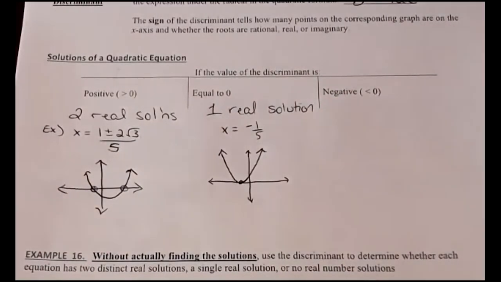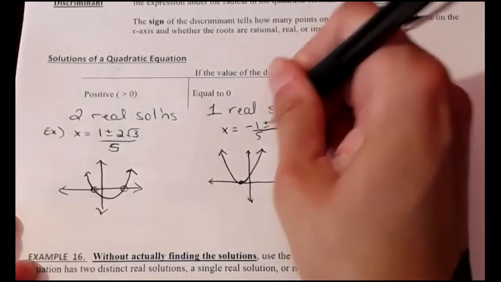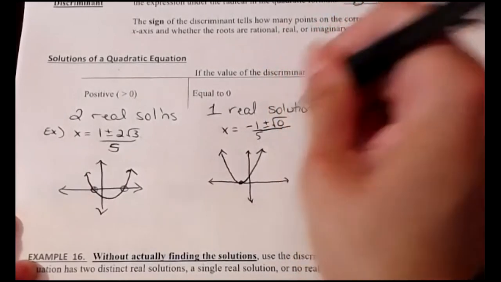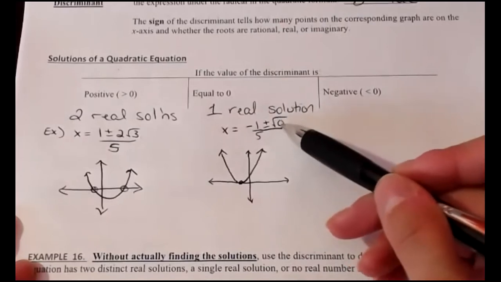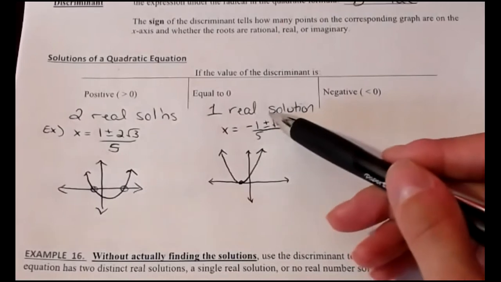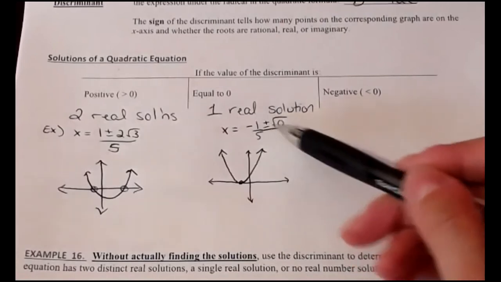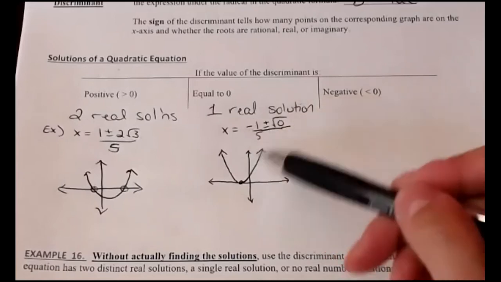It's not a big deal. We knew this because essentially the numerator is plus or minus square root of 0. So my discriminant, since it was a 0, told me this plus or minus square root of 0 essentially goes away because it's just 0. And it leaves me with 1 solution.